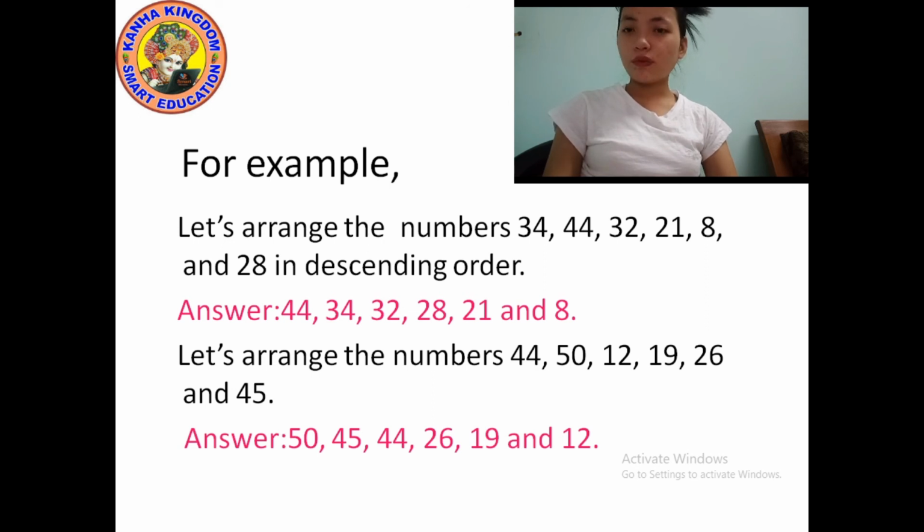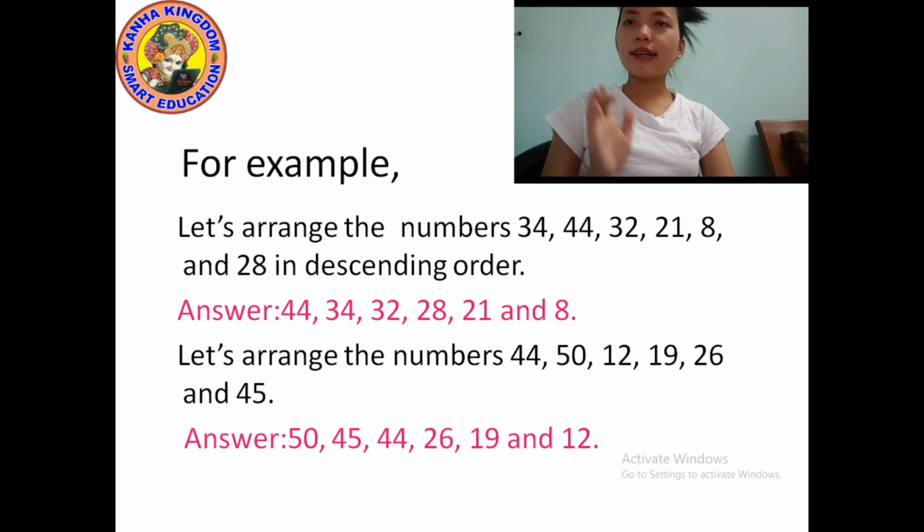From the numbers 34, 44, 32, 21, 8 and 28, the greatest number is 44, the second greatest number is 34, the third greatest number is 32, the fourth greatest number is 28, the fifth greatest number is 21, and the last, smallest number is 8.